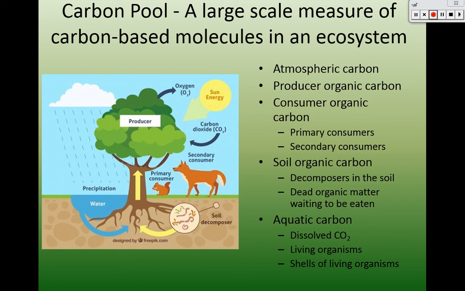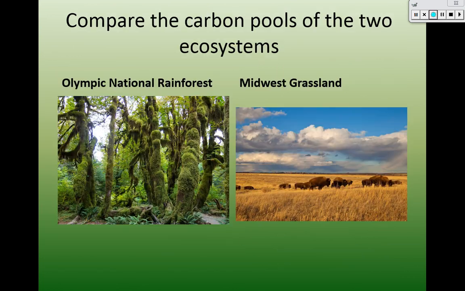You could lump it all together if your waterway is part of a larger ecosystem. So it sort of depends. And this is where, again, we get into the squishiness that is biology. But understanding just what a carbon pool is, is what's important here. So take a look at these two ecosystems.